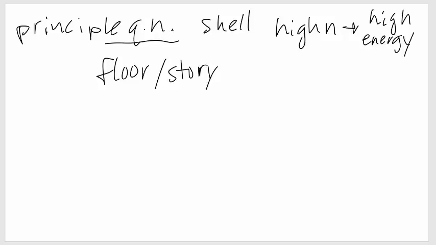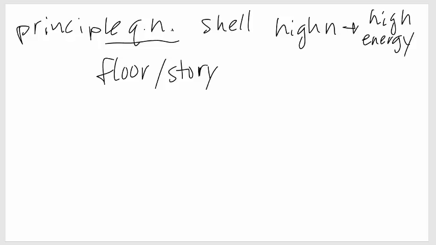So when we're making this comparison, the organization of electrons in an atom to the organization of a hospital building, the different levels indicate the amount of energy present and also the size. So the first principal quantum number, n equals 1, and the first floor of our building will be the smallest and the lowest energy. Then the second floor will be a little bit bigger, have more energy, and so on and so forth.